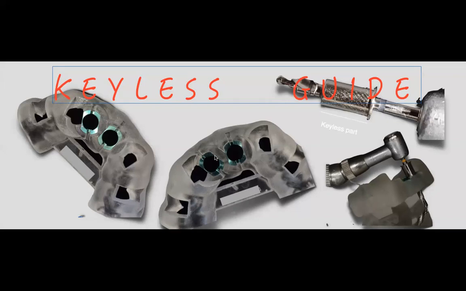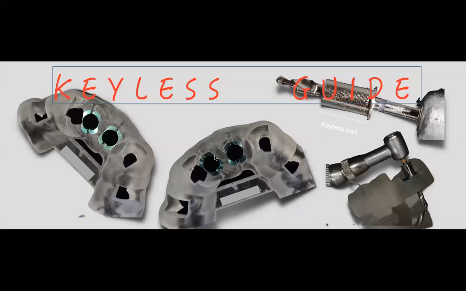And there are some companies today that still create guides with a key that you have to put inside. They put a master cylinder inside your guide. You put a key in there. Each burr that's drilling has a certain key that you put in, and you drill.